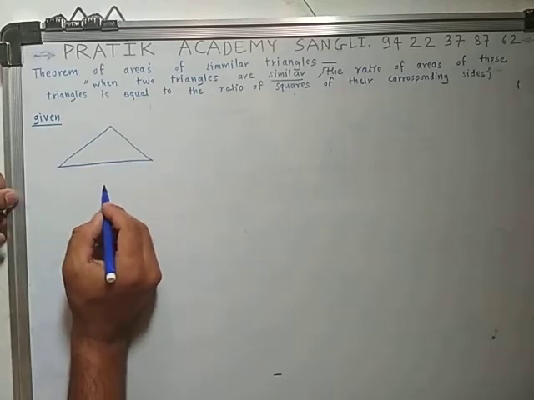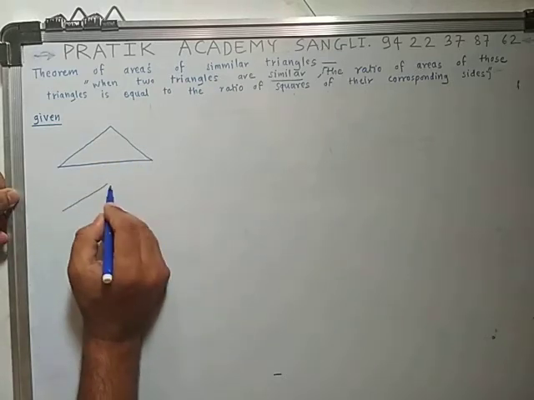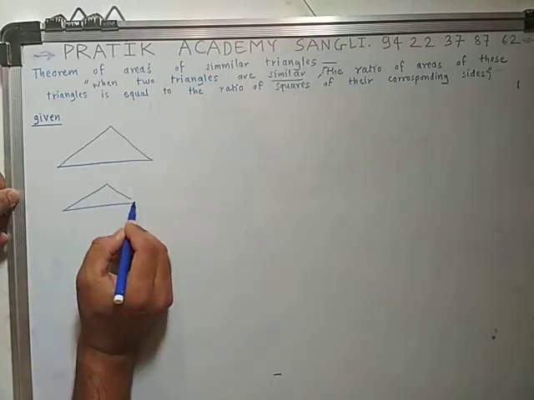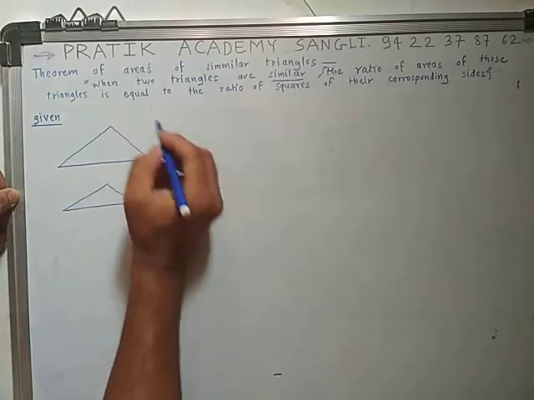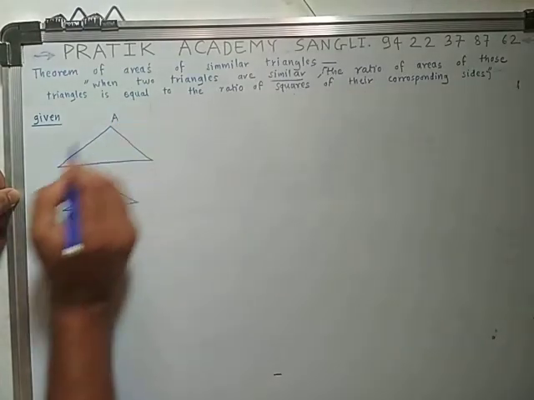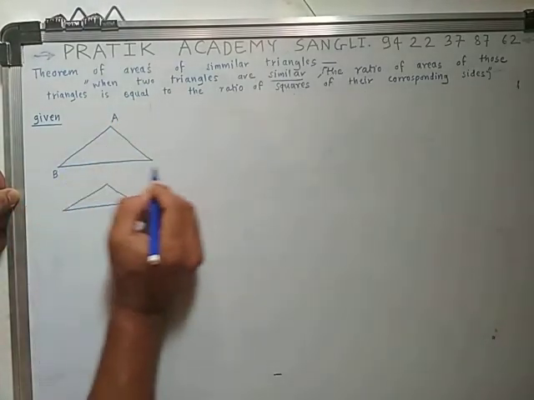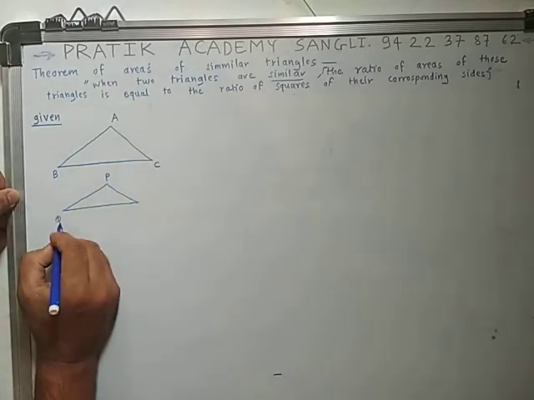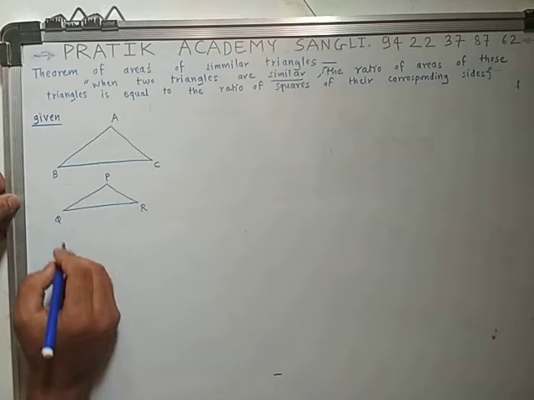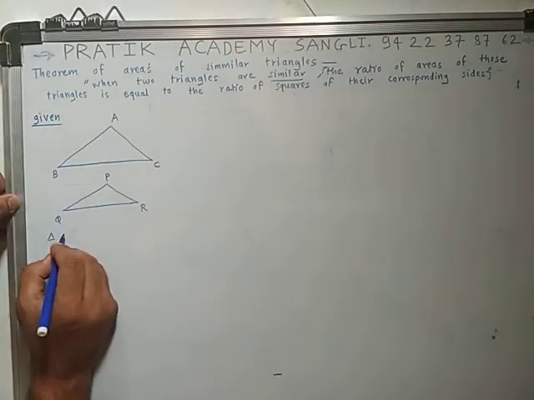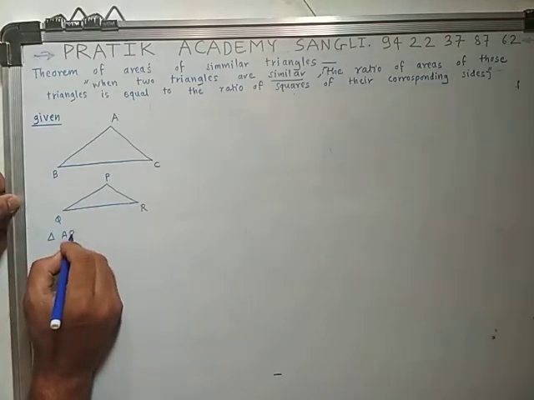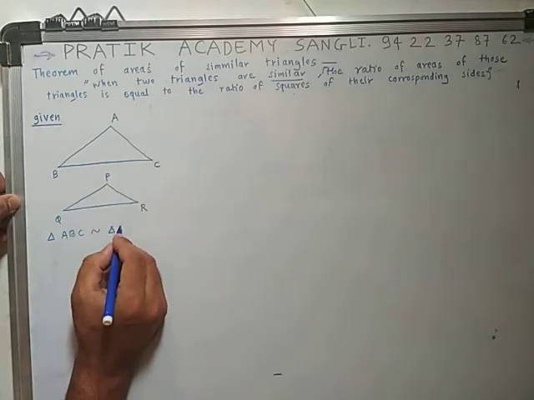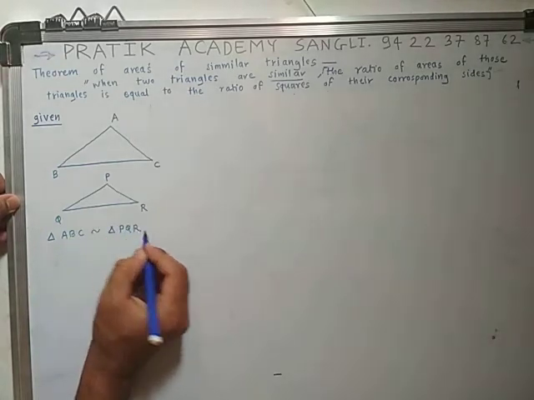This is the first triangle and similar to this triangle, the second triangle. So triangle ABC, PQR. These two triangles are similar. It is triangle ABC similar to triangle PQR.